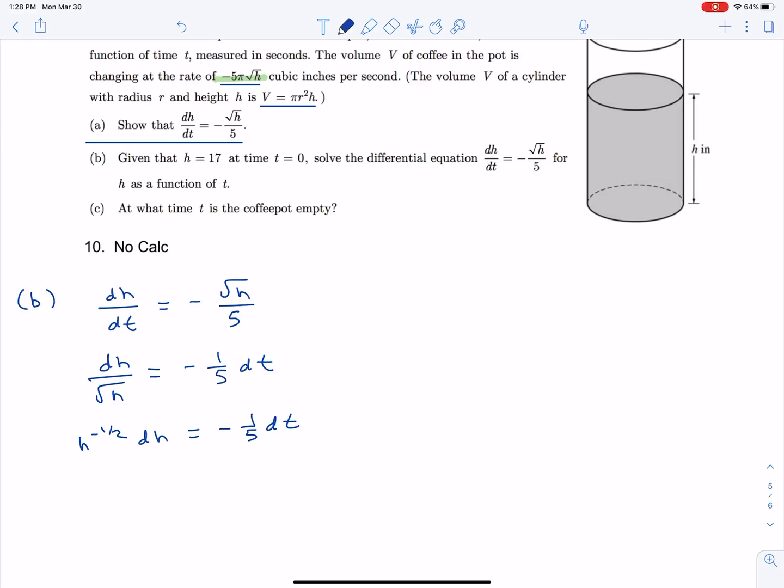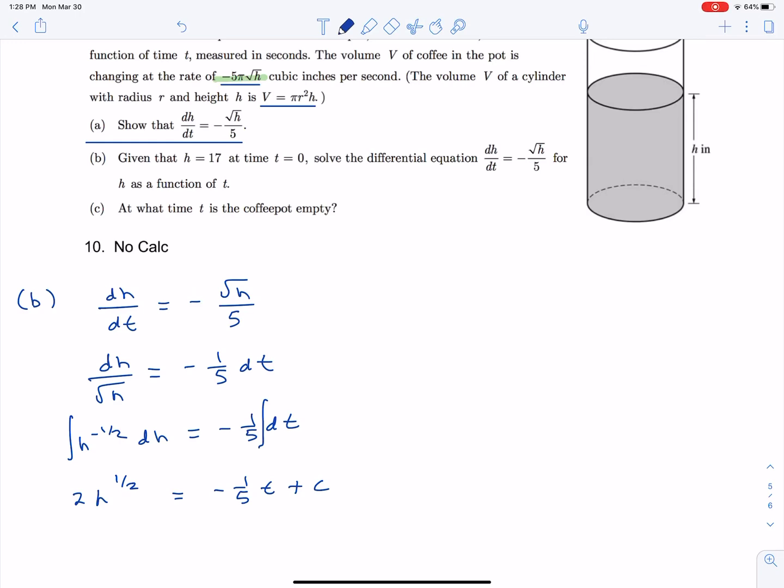Okay, now it is time to integrate. I'm going to take the antiderivative of both sides, and on the left-hand side I get 2h to the 1/2 equals negative 1/5 t plus some c. Since we're supposed to write this in terms of h, I'm going to solve for h right now.